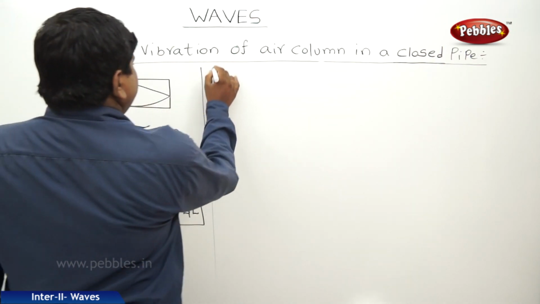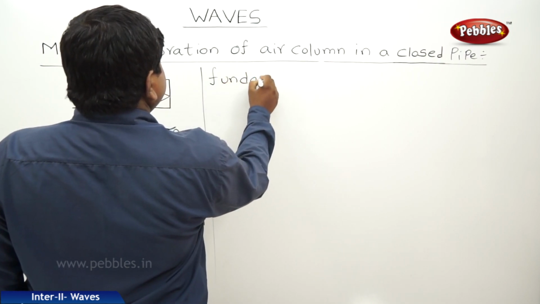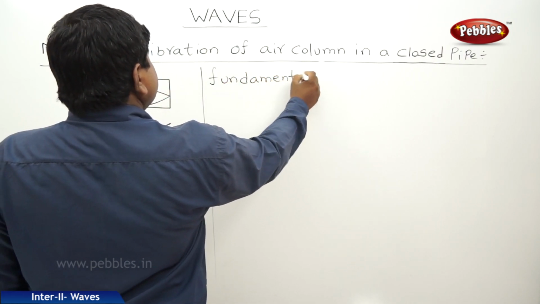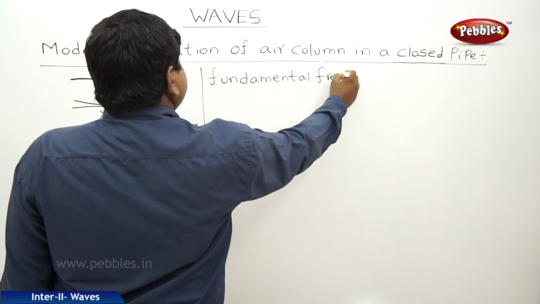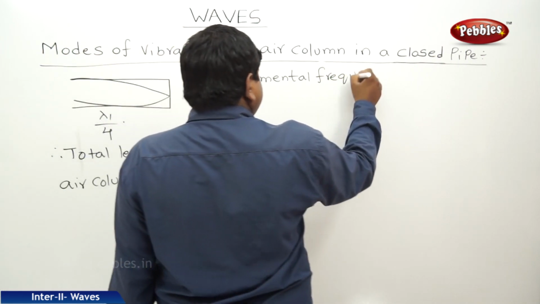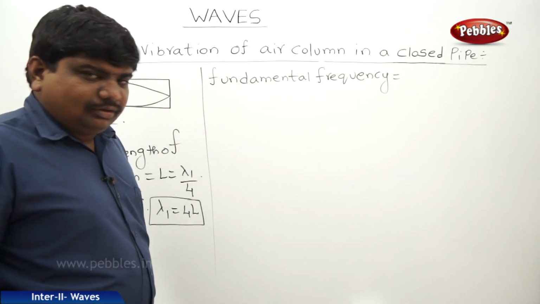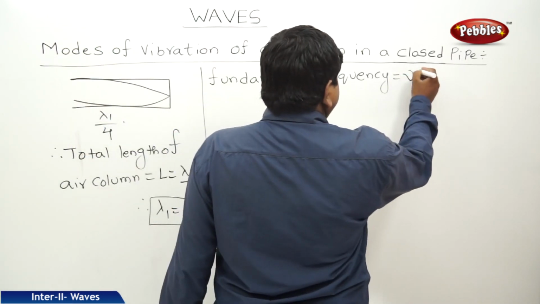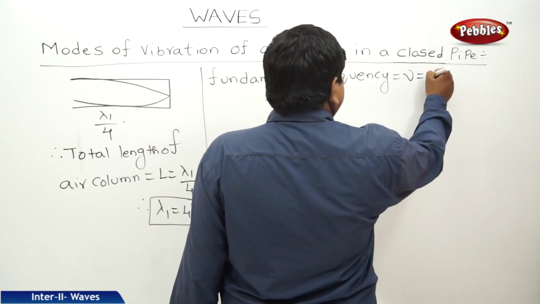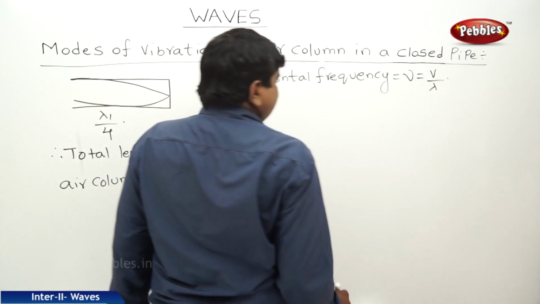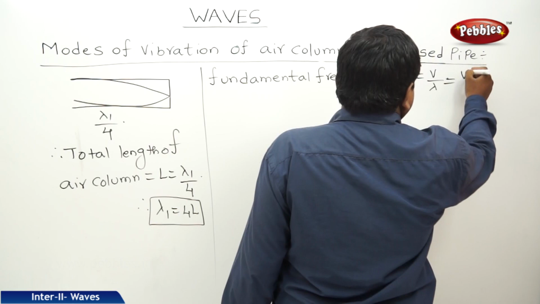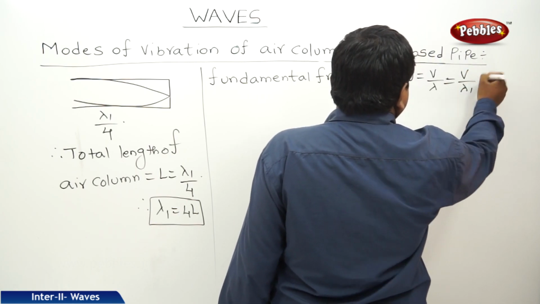That's why fundamental frequency, nu is equal to V by lambda, and this can be written as V by lambda 1.